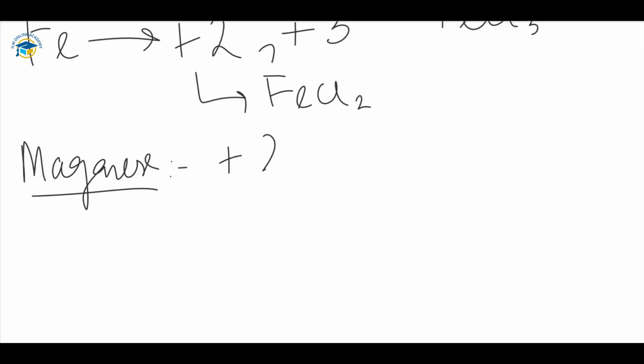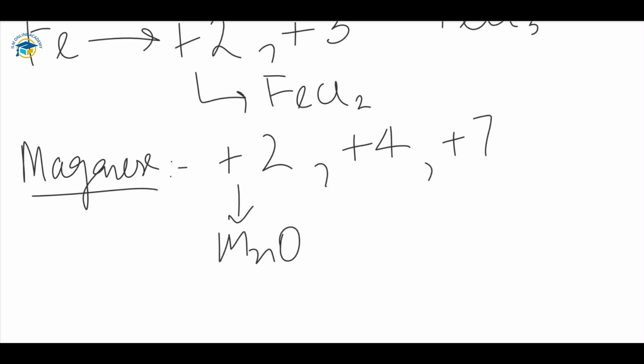Manganese has the oxidation states +2, +4 and +7. In case of manganese oxide, MnO, the oxidation state is +2. In case of manganese 4 oxide, MnO2, the oxidation state is +4.